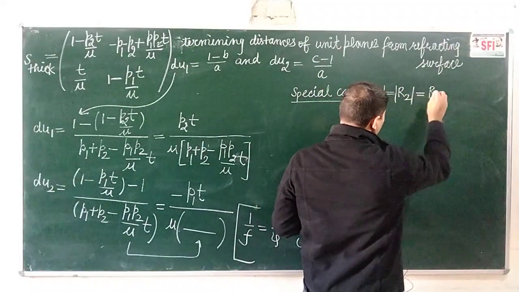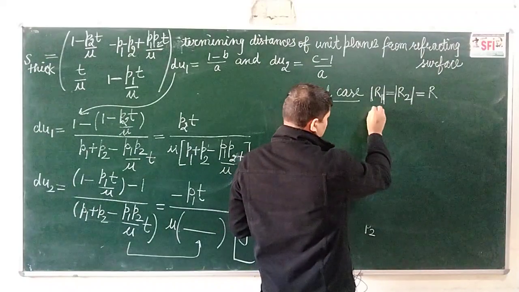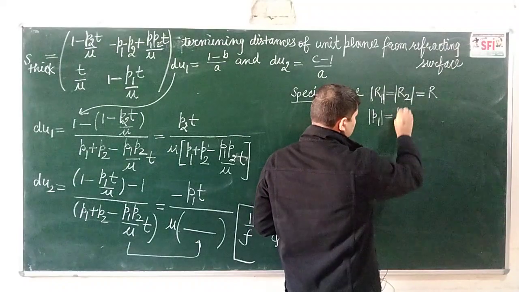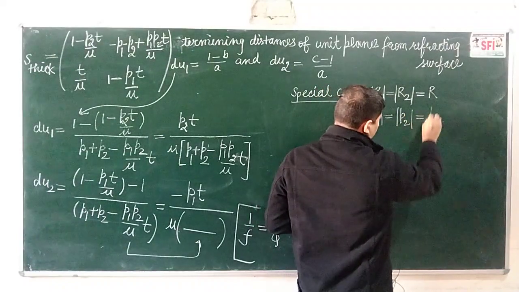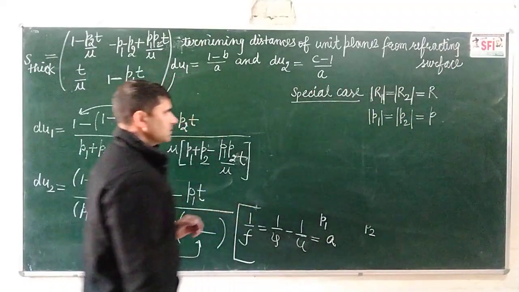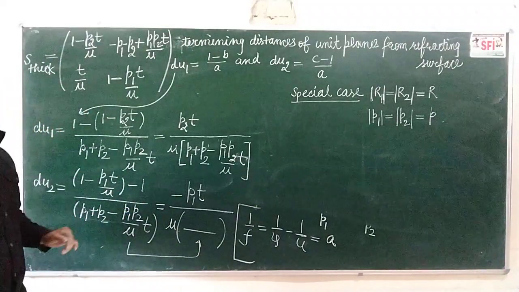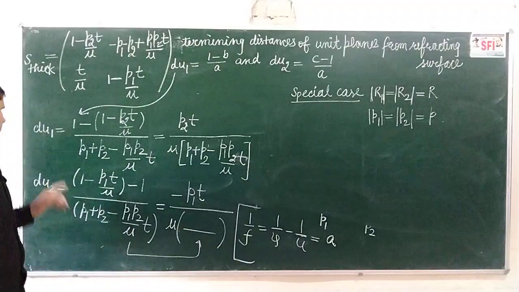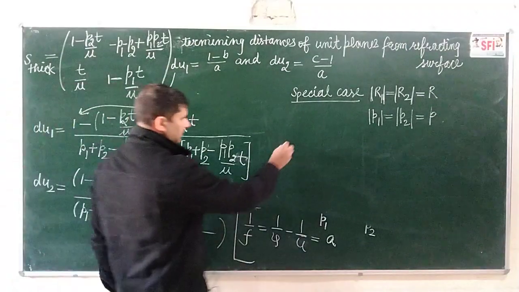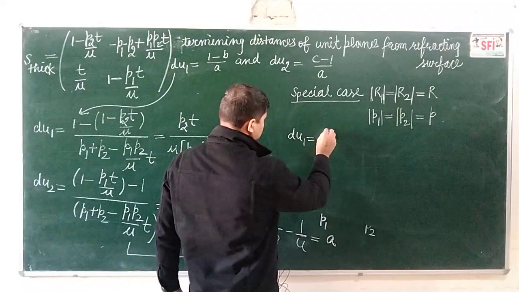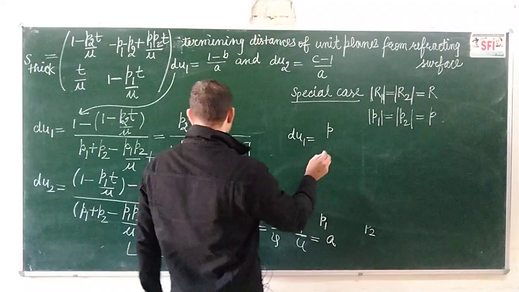Let us take it as R. In that case, the power of the refracting surfaces will be the same. Let us take it as P. If you substitute the value of P1 and P2 as P in this special case, then du1, I am writing it directly, will be P.